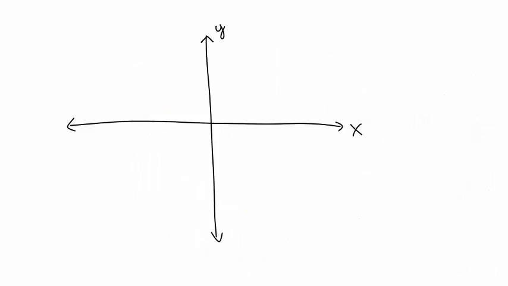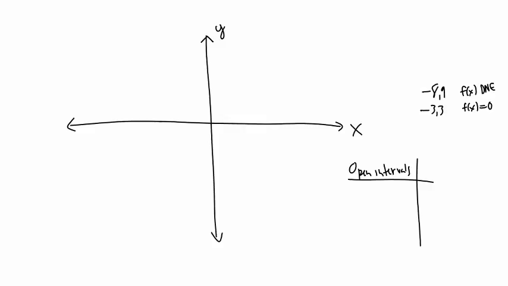There's one more thing we will use to sketch the graph, and that is where the graph is above the x-axis and where it is below the x-axis. First of all, where is the function 0? So f of x equals 0 at x equals minus 3 and 3, and also f of x does not exist at x equals minus 8 and positive 9.